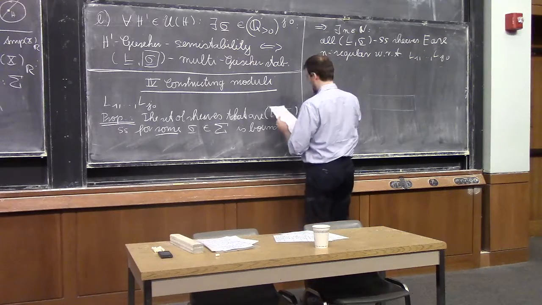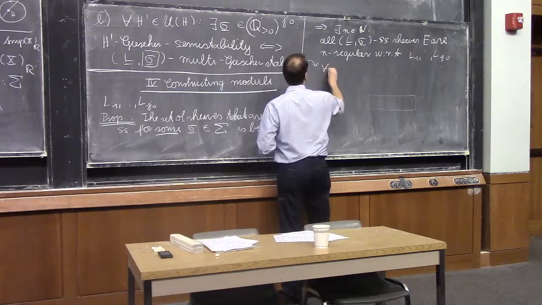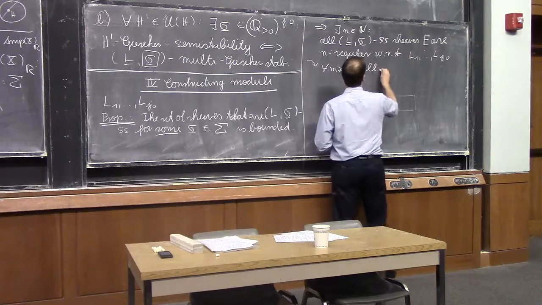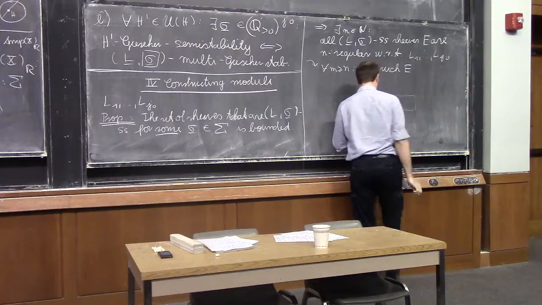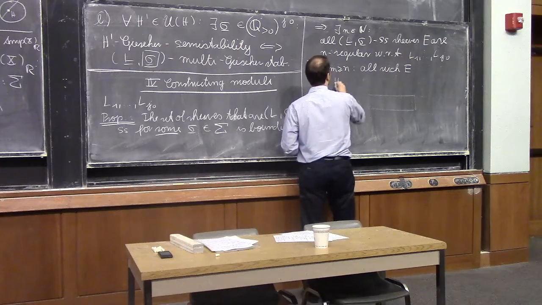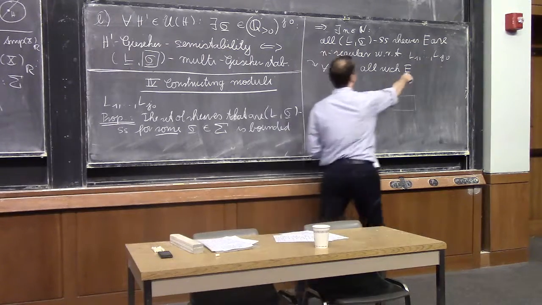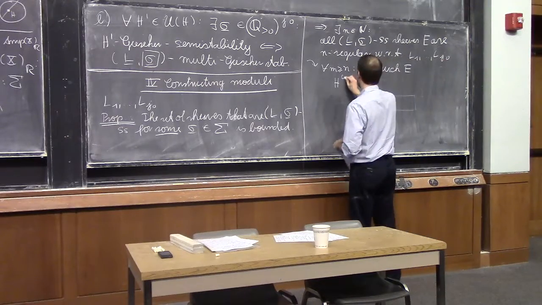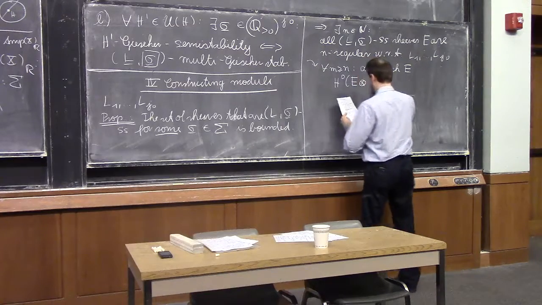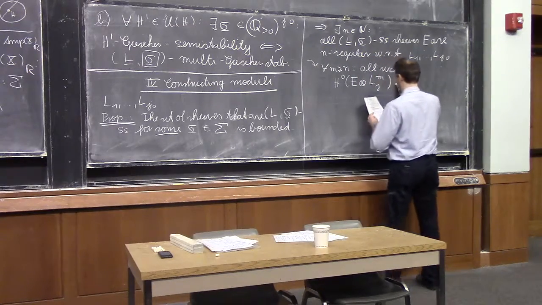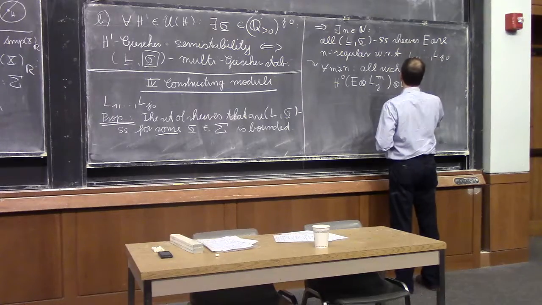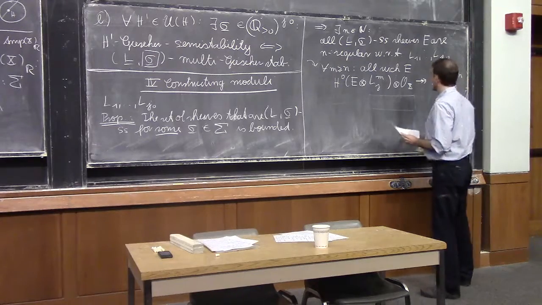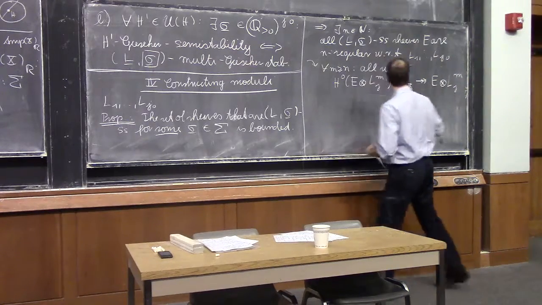If you don't know what n-regular means, this in particular implies that for all m bigger than or equal to n, all such E have the following property: if I tensor them with any of the Lj to the m, they are globally generated. So H naught of E tensor Lj to the m surjects onto E tensor Lj to the m.